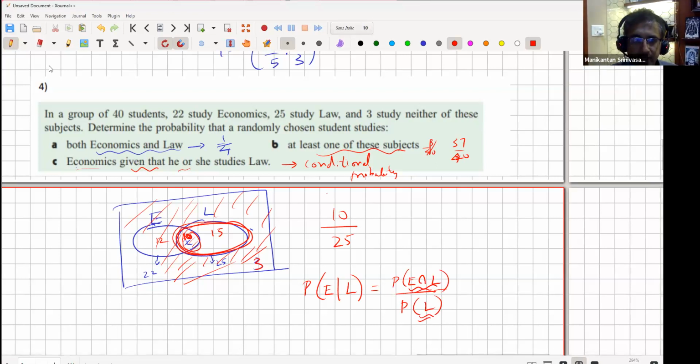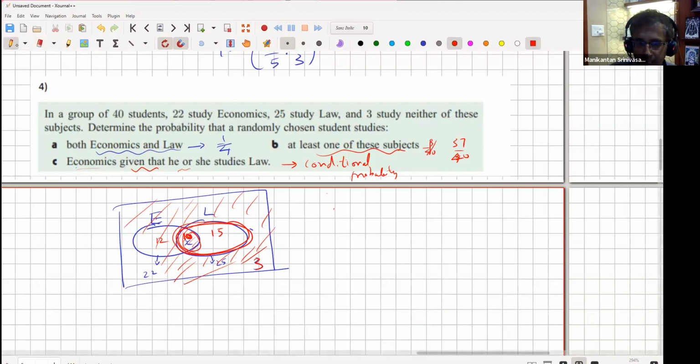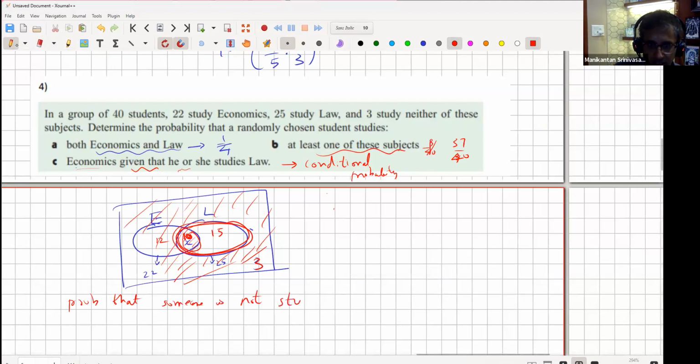Now for the same problem, I'll ask another question on conditional probability. What is the probability that someone is not studying law given he is not studying economics?